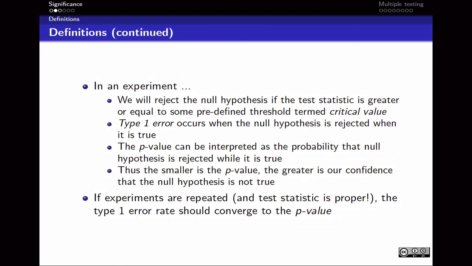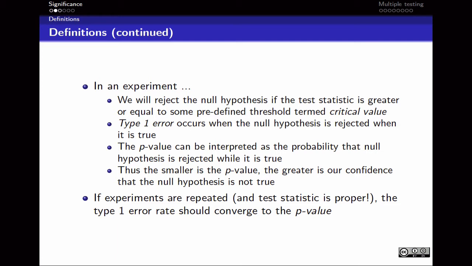The p-value, as you remember, is related to the probability that a test statistic has value as obtained in the experiment or greater. So it's the cumulative probability distribution after some point, right?